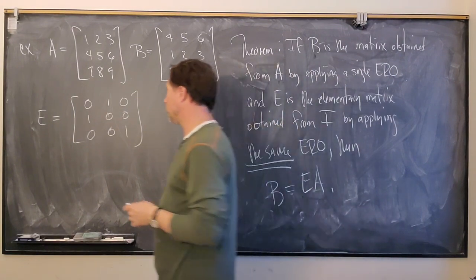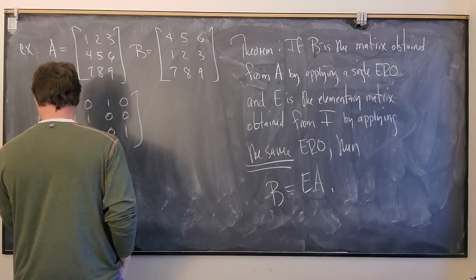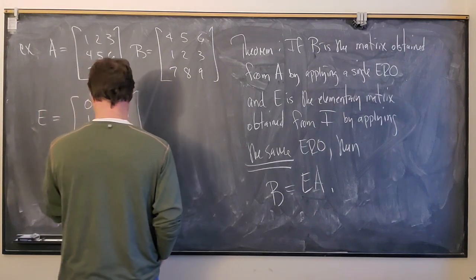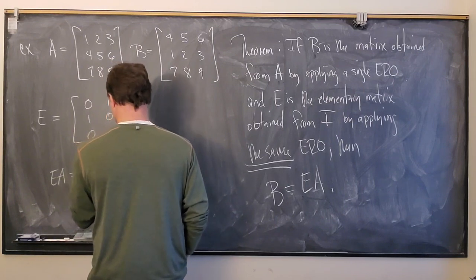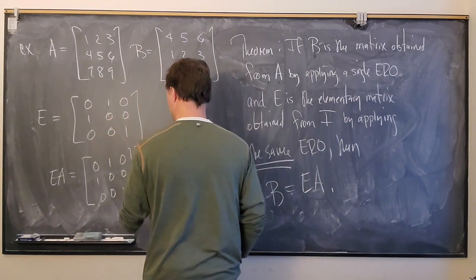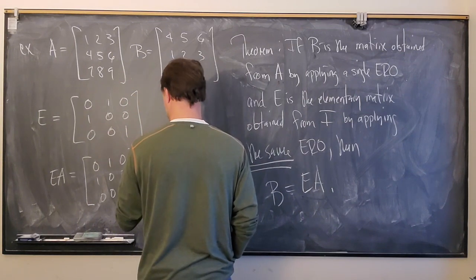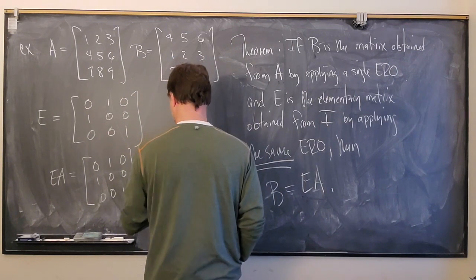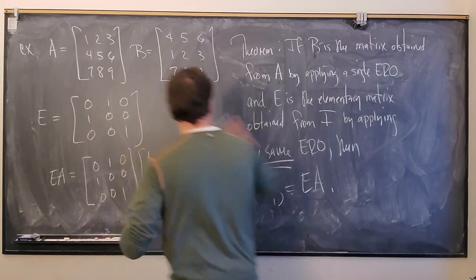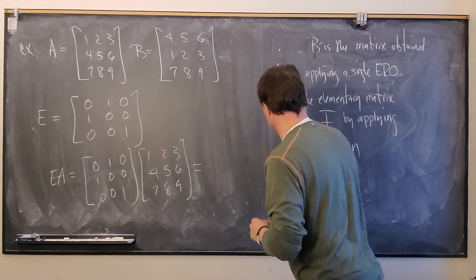So check this out. If I do E times A, that will be 0, 1, 0, 1, 0, 0, 0, 0, 1 times 1, 2, 3, 4, 5, 6, 7, 8, 9. So let's see what we get when we actually do the multiplication.